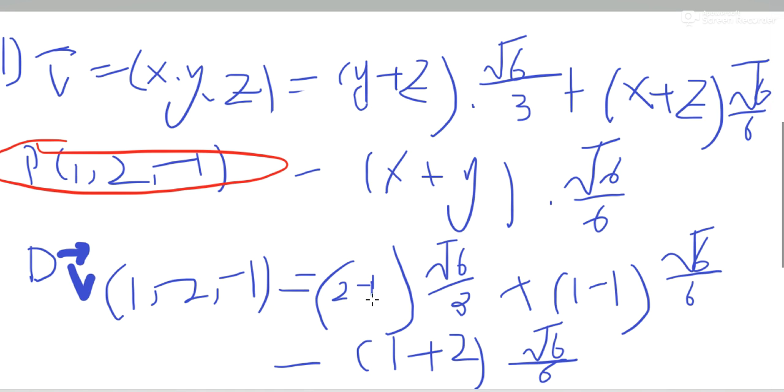Sorry it's a little ugly, but finally that's equal to negative 2 root 6 over 3.